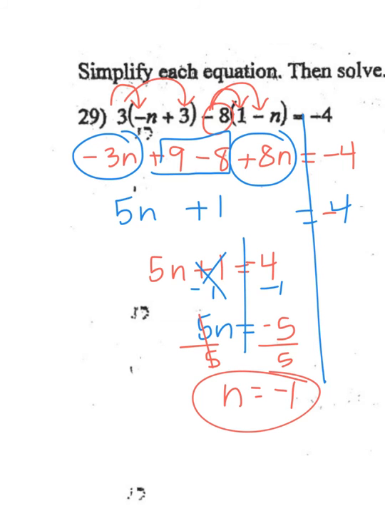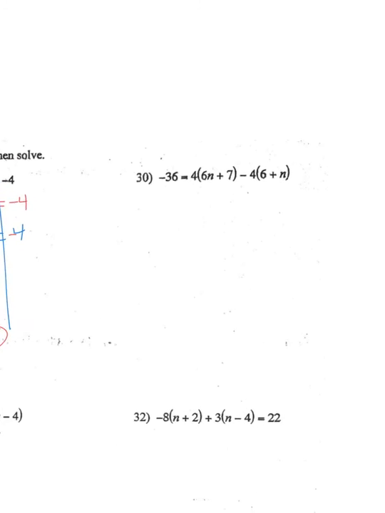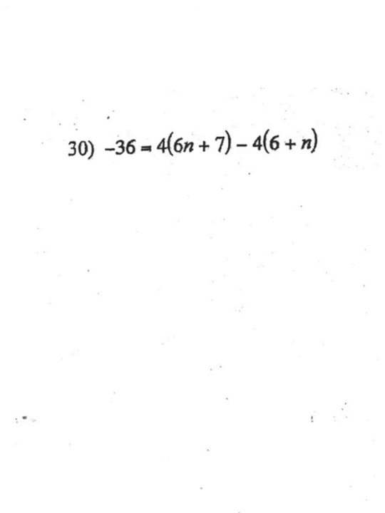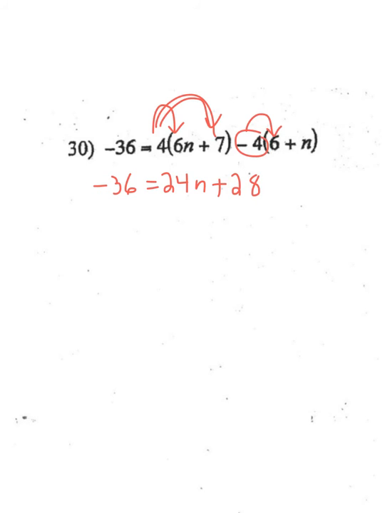Done. Okay. Here we go. I'm going to distribute first. So this is negative 36 equals 24n plus 28. This is a negative 4 times 6.